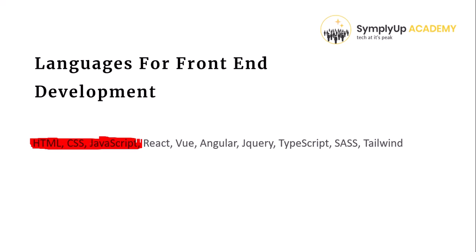But you'll be required as you advance in your career to learn some more of these languages. Some of these extra languages are complementary, some are meant to replace each other. For example, React and Vue. You cannot use React and Vue on the same website. Either you're using React or you're using Vue, plus HTML, CSS, and JavaScript.